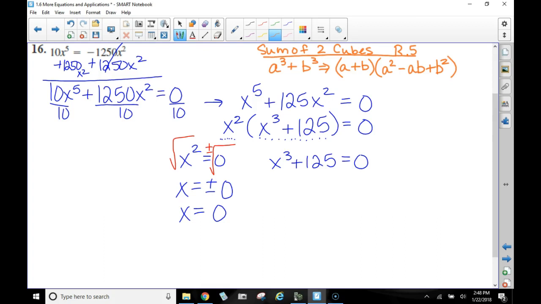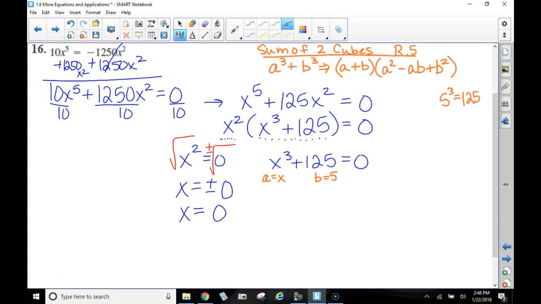We're going to use that formula where the a is the first quantity being cubed, the x in this case, and the b is the second quantity being cubed, and that's going to be a 5 because 5 cubed does indeed give us 125. 5 times 5 times 5 is 125.